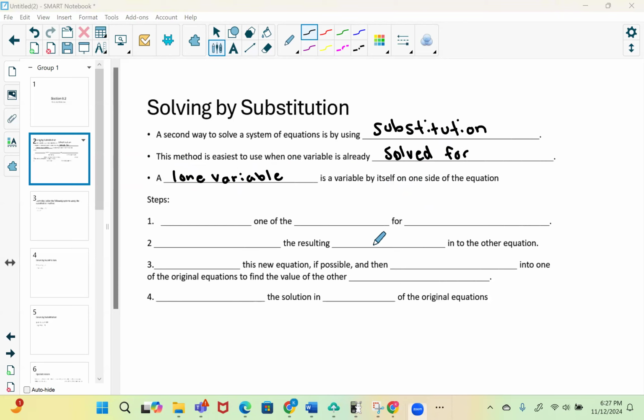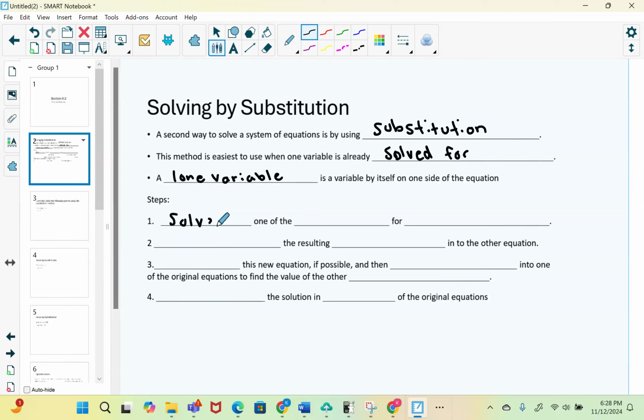So the steps for solving a system by substitution. So first we solve one of the equations for a variable. So you can either solve for X or Y. We usually pick the one that's easier to solve for.